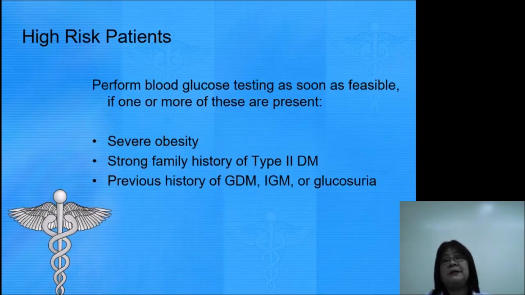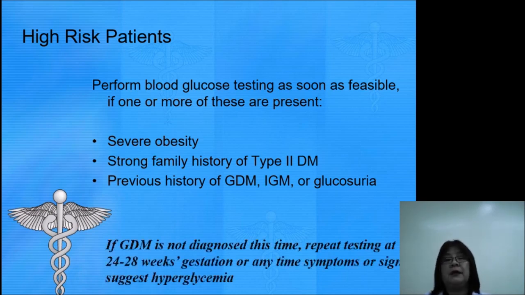So, for high-risk patients, just like Filipinos, you have to screen as soon as feasible. And who are the other patients considered high risk? Those who are obese, those with family history of type 2 DM, previous history of gestational diabetes mellitus, or glucosuria.